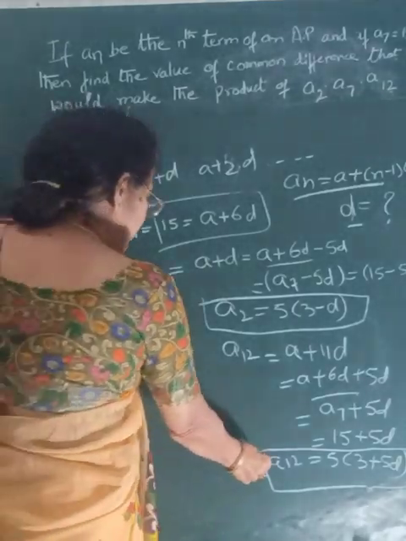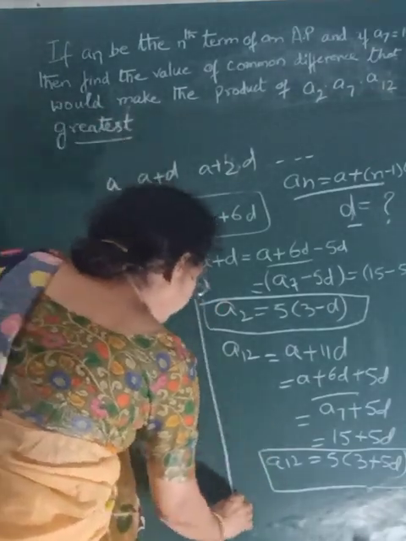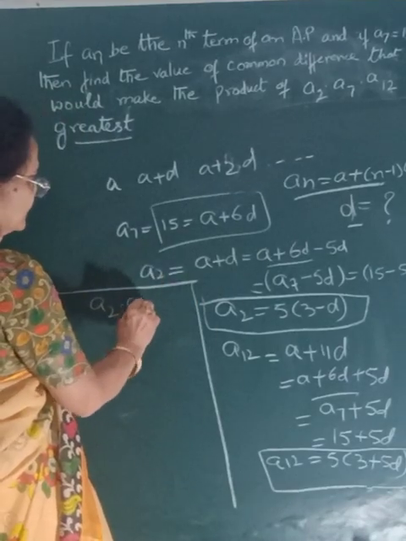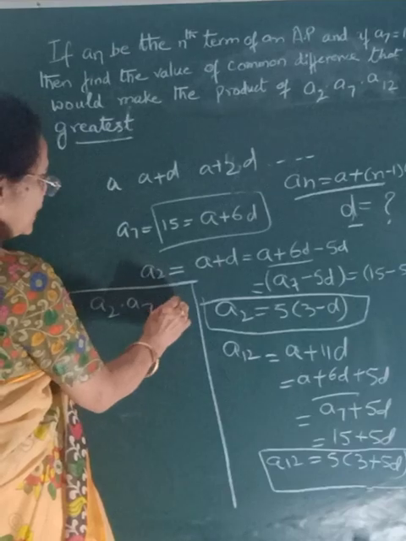Now the product of all these three was A2 into A7 into A12.